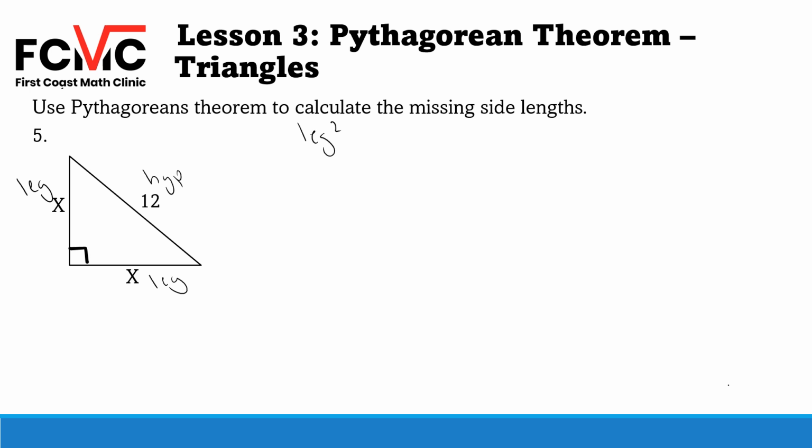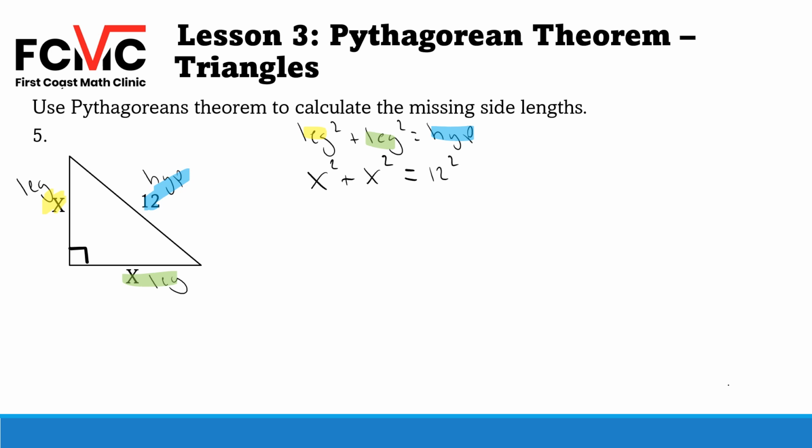So again, Pythagorean theorem, leg squared plus leg squared equals hypotenuse squared. So again, it doesn't really matter where we put in the x and the x. Those are our legs, but the 12 is going to be our hypotenuse. All right, so let's do our substitution. So we'll get x squared plus x squared equals 12 squared.